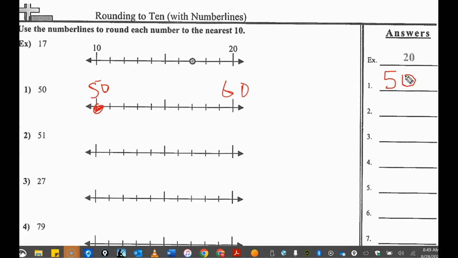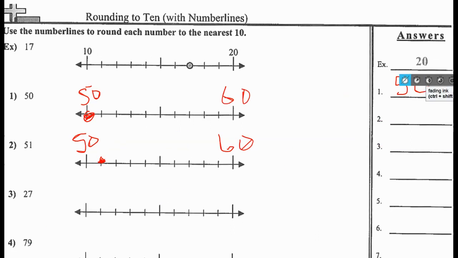So between what two 10s does 51 fall in between? 50, obviously. And what's on the other end? 60. 51 is right here. So is it closest to 50 or 60? 50. So 51 rounding to the nearest tens is actually 50.